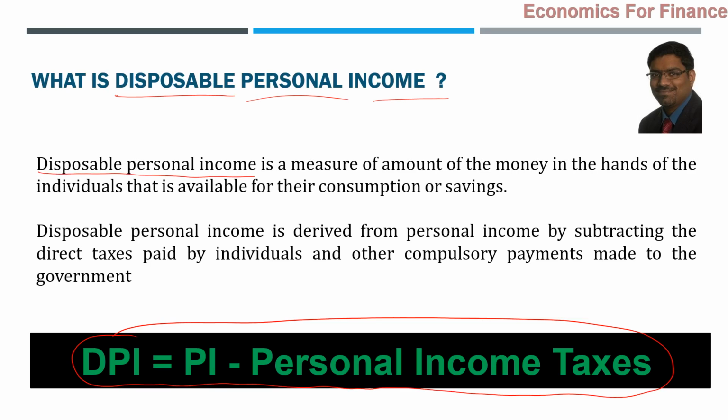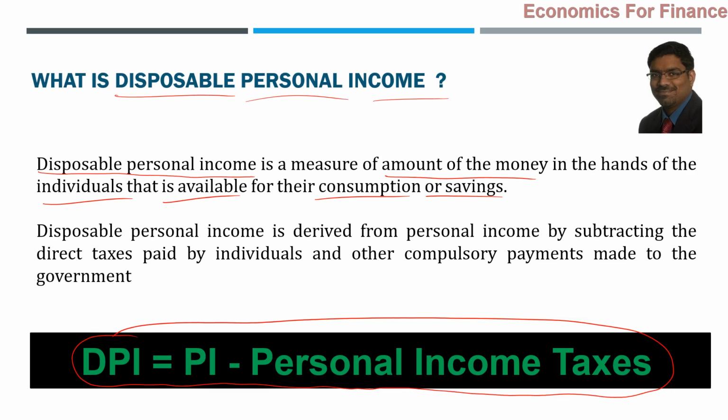Disposable personal income is the amount of money in the hands of the individuals that is available for their consumption or savings. Disposable personal income also does not mean they will entirely spend it or throw it out in the market. Not necessarily. They will save it or spend it. One of them they will do.